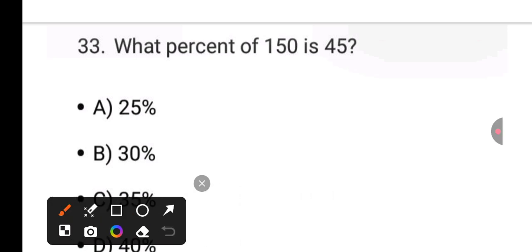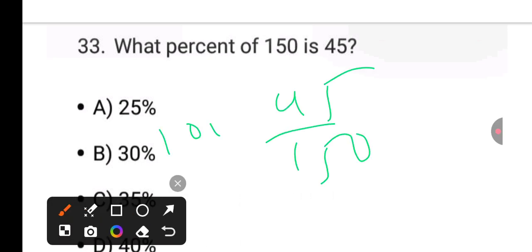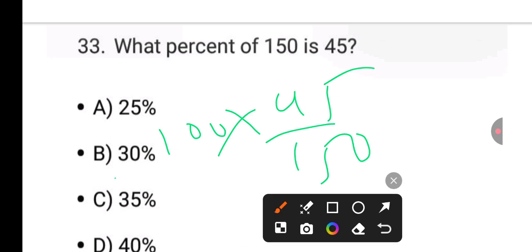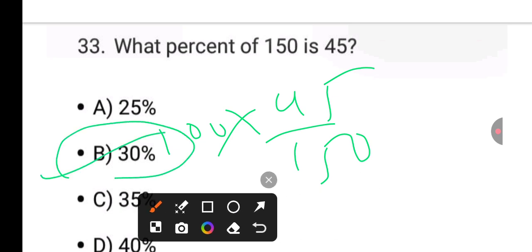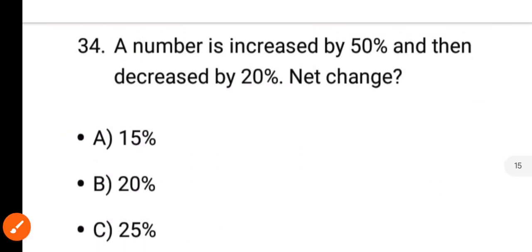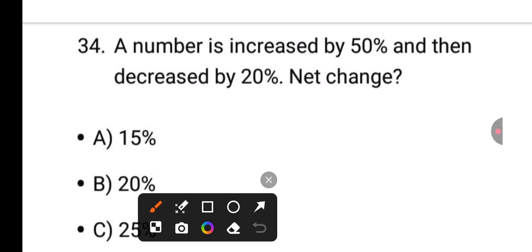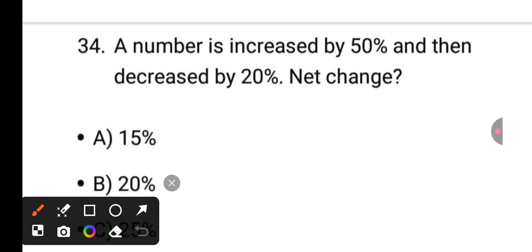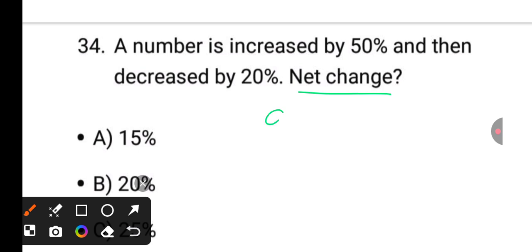Next one, again same, 45 by 150 into 100. It is 300%. Sorry, 30%. Next one, net change. Again A plus B plus A into B divided by 100.